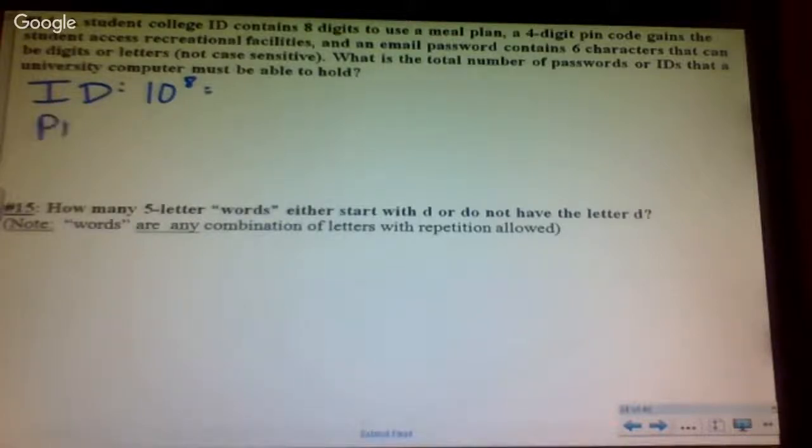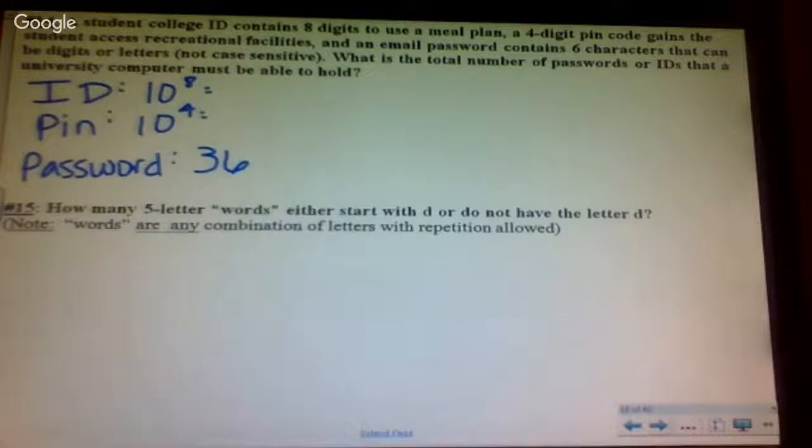They've got a PIN. It's a 4-digit PIN code. Again, how many digits do we have to offer? 10. And I'm filling in 4 different digits, so it's 10 to the 4th. And finally, we've got a password that can be letters or numbers. How many options do I have? 36.